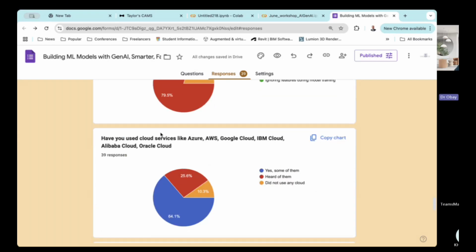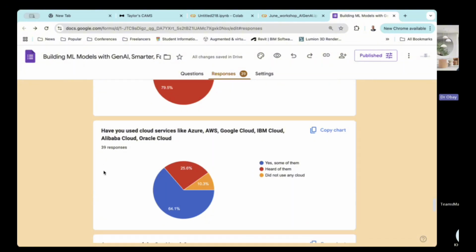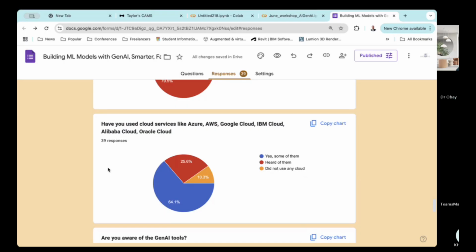Have you used cloud services like Azure, AWS, Google Cloud, IBM, Alibaba, Oracle? And not only those, in the market now we have Tencent, we have DigitalOcean, we have a lot of other cloud services, Adobe cloud services, and we might have new cloud services coming to the market soon.